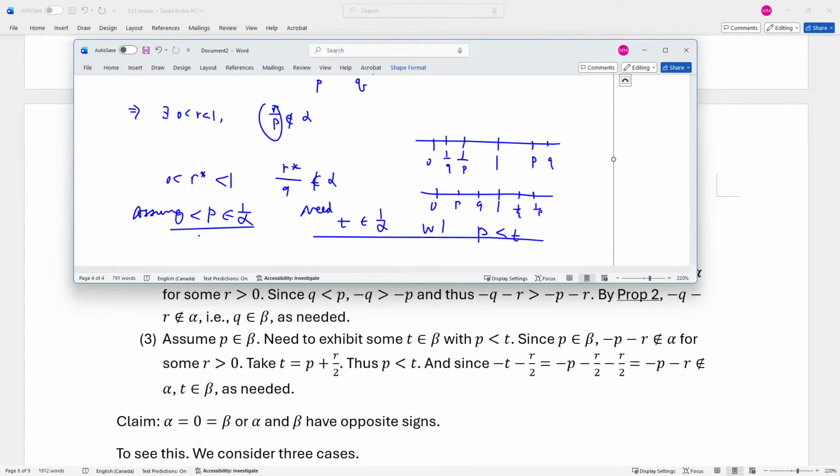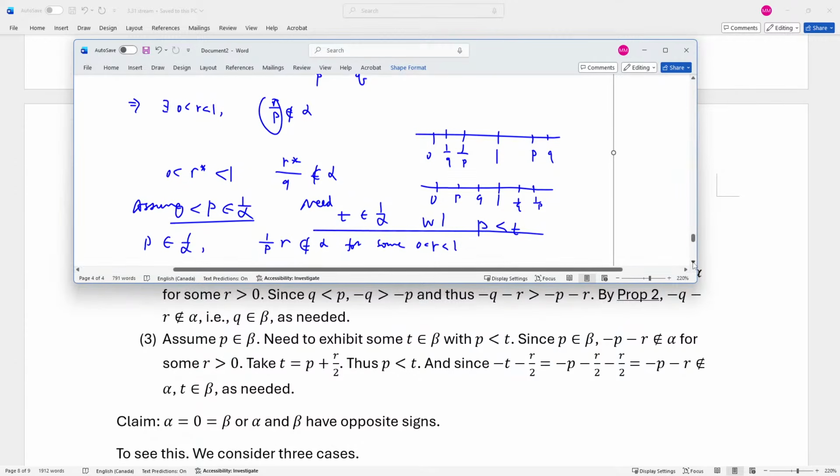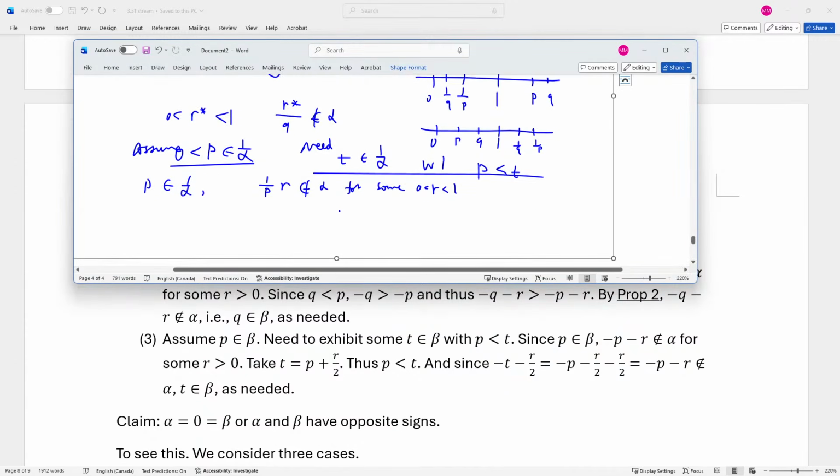Since p is in 1 over alpha, 1 over p times r is not in alpha for some r greater than 0, less than 1, right? So that's just the definition. Okay, and then what happens?